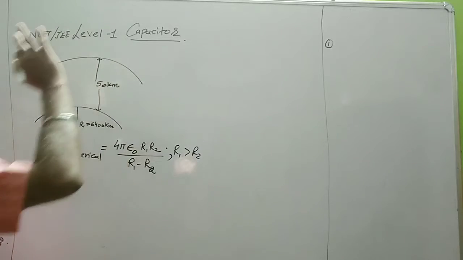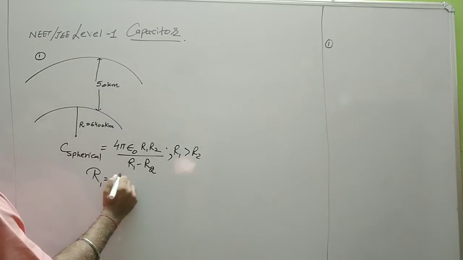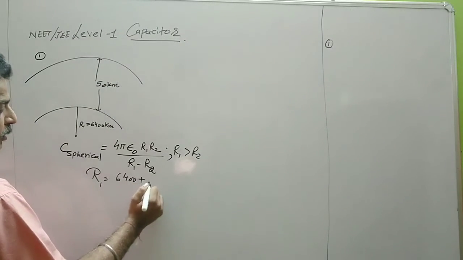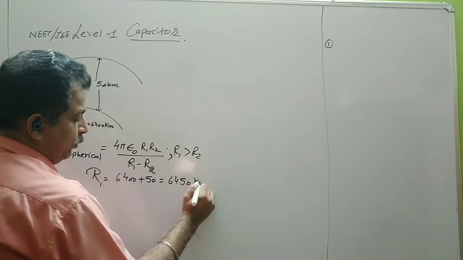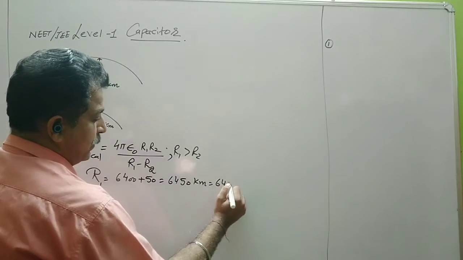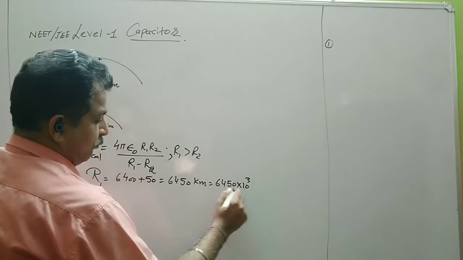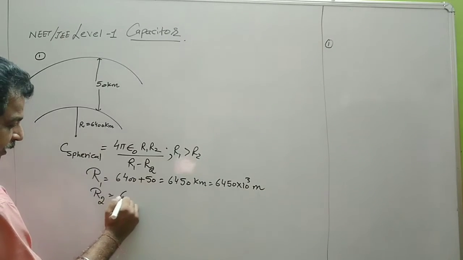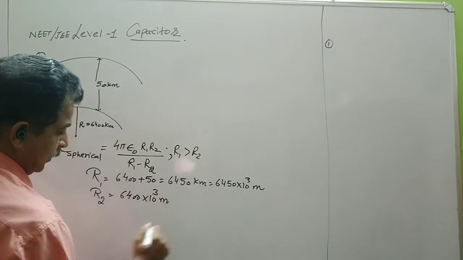So here R1 should be the radius of the stratosphere. Total distance is calculated from the center, so 6400 plus 50, that is 6450 kilometer, that is 6450 into 10 raised to 3 meter. Then R2, that is Earth itself, is equal to 64 into 10 raised to 3 meter.